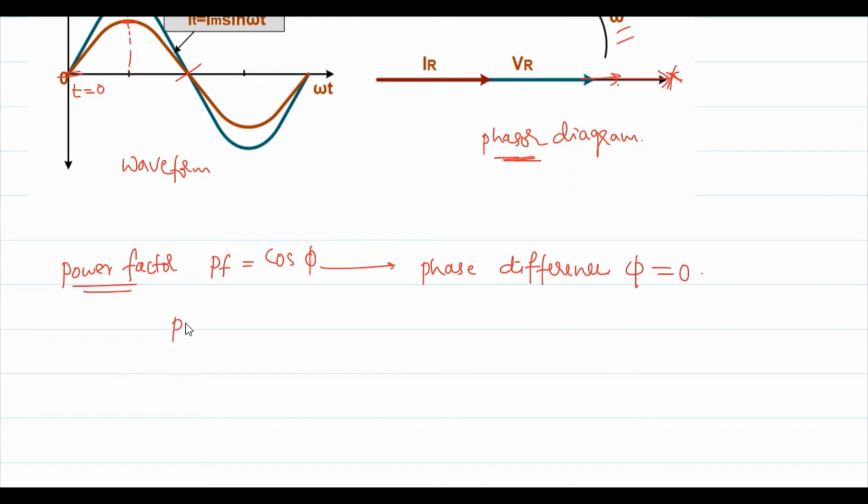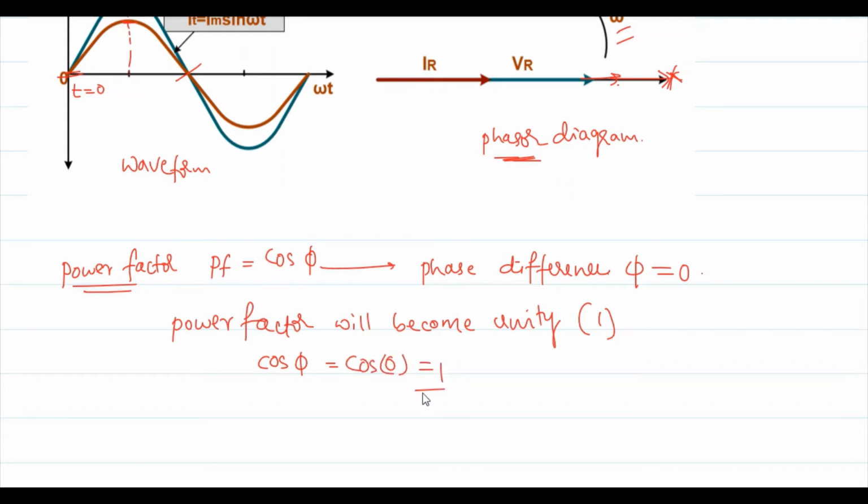That's why the power factor of this purely resistive circuit will become unity, that is, it becomes 1, as cos 0 is equal to 1. So a purely resistive circuit will give power factor as 1. Power factor is nothing but the ratio of true power to apparent power, so the ratio of true power to apparent power will always be 1 in this purely resistive circuit.